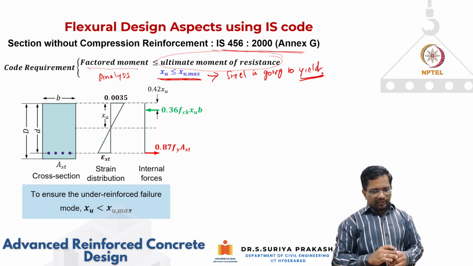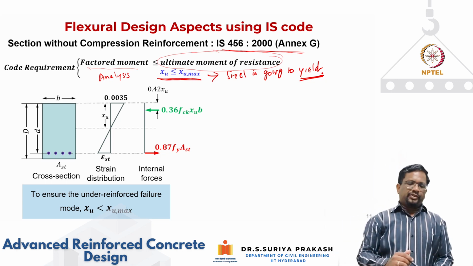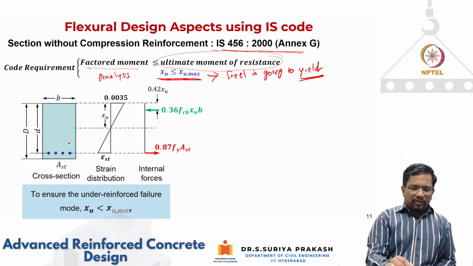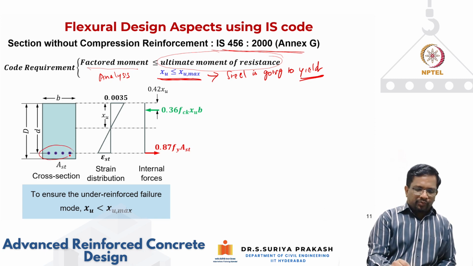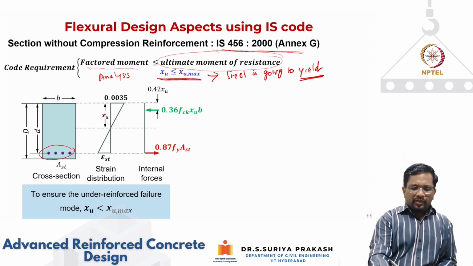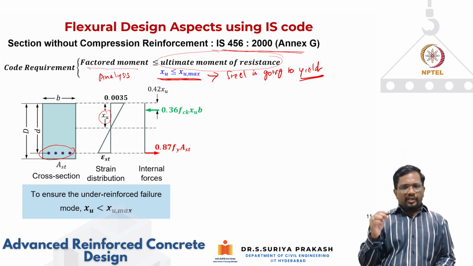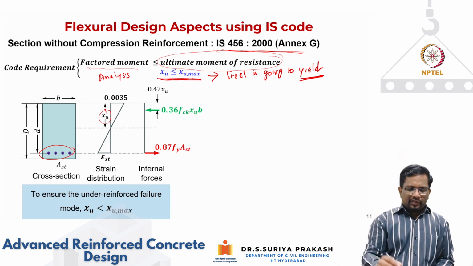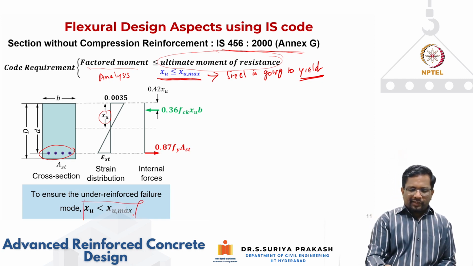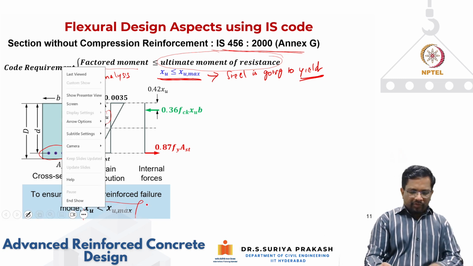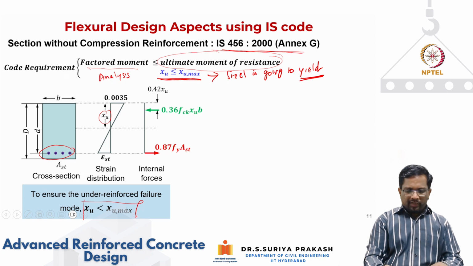So now let us see. We have to make sure that the amount of steel is put in such a way that the xu that is required to satisfy the equilibrium has to be less than the maximum xu that is going to come from your balanced failure condition.